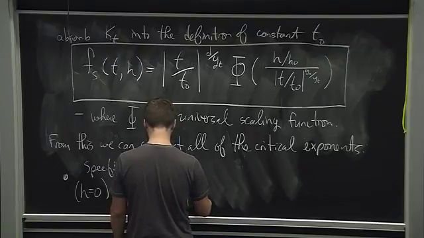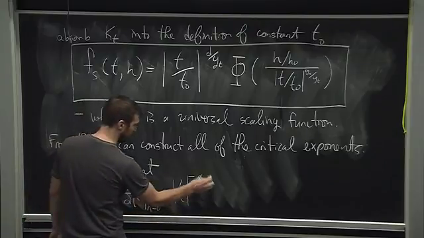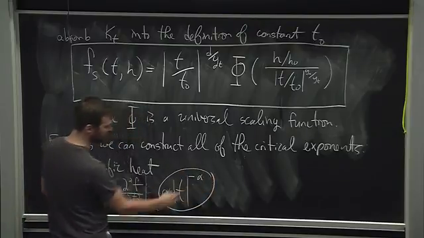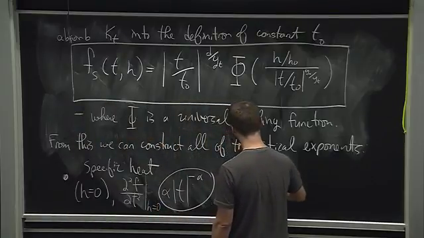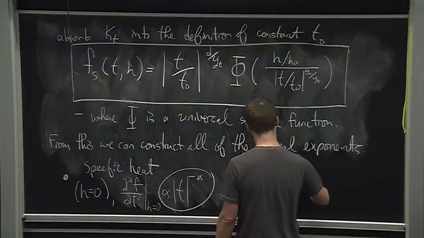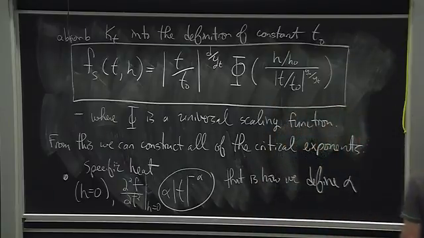We know that this gives us alpha, right? So it should be equal to the reduced temperature to the alpha. That's how we defined the critical exponent alpha. So all I got to do is take a derivative of my free energy with respect to temperature twice, and now I can relate alpha to the scaling dimensions y.